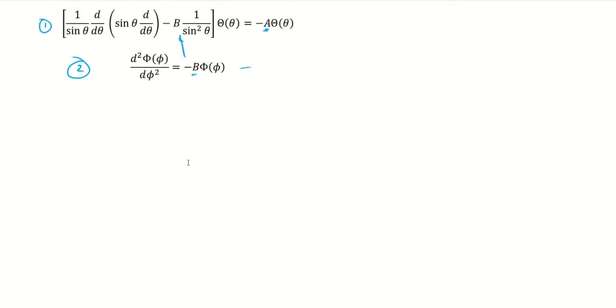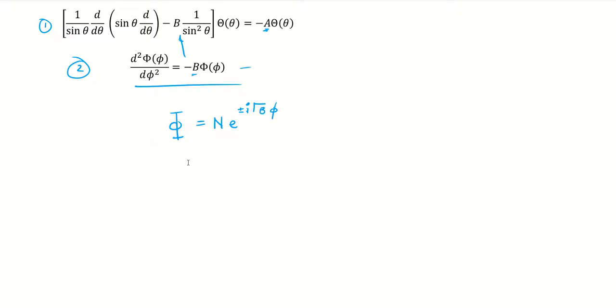This is the differential equation we're trying to solve. Hopefully you've seen a differential equation like this before. It's pretty straightforward. The solution is that the azimuthal function is just going to be some constant N times e to the plus or minus i square root of b times that angle phi.